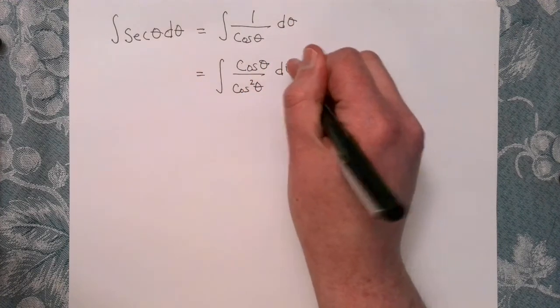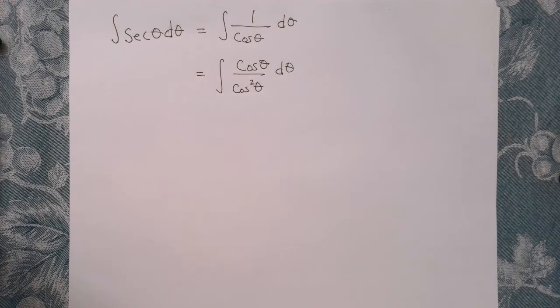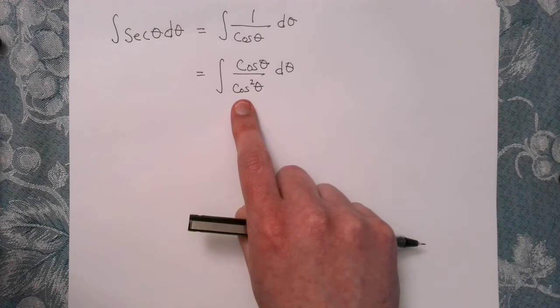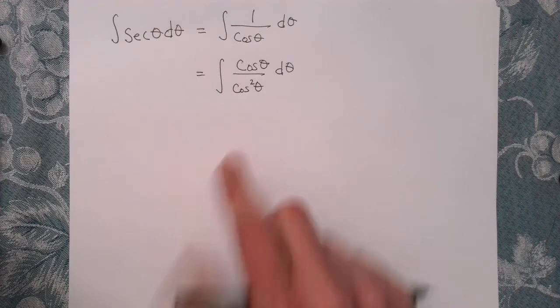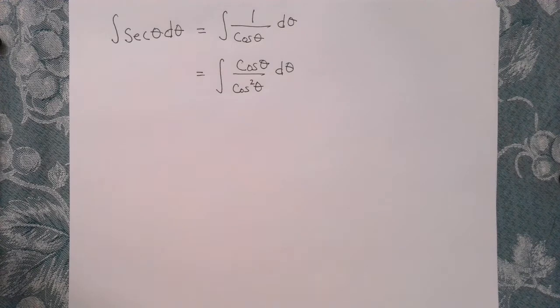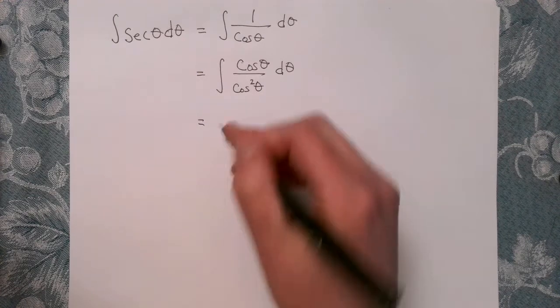Now, I guess you could make the argument, where did that come from? But if you think about it, it seems a bit more natural because this would introduce a Pythagorean identity. So that seems pretty reasonable. And from there, you can do a substitution. So for me, at least, this makes a little bit more sense instantly.